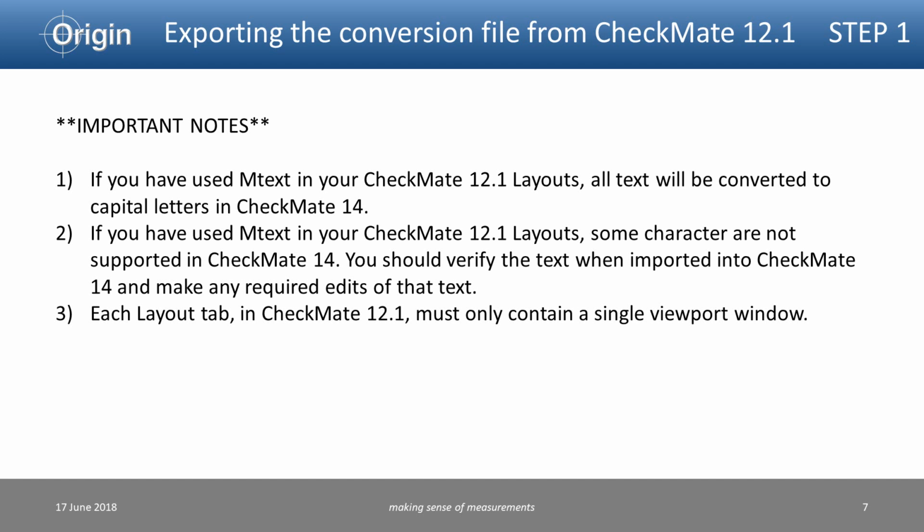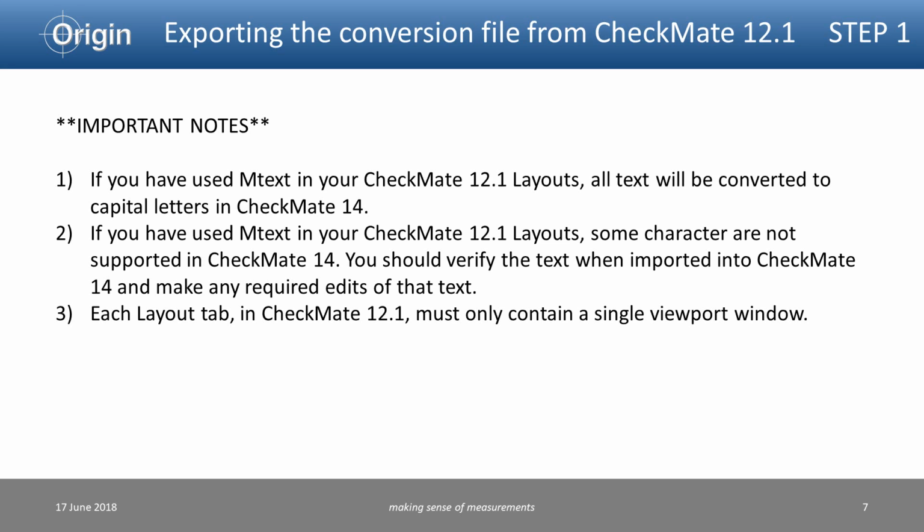Okay, just a couple of final notes on exporting the conversion files from Checkmate 12.1. Number one, if you've used any kind of M-text in your Checkmate 12.1 layouts, all of that text will be converted to capital letters when it comes over into Checkmate 14. Secondly, if you've used M-text in your Checkmate 12.1 layouts, some characters are simply not supported in Checkmate 14.